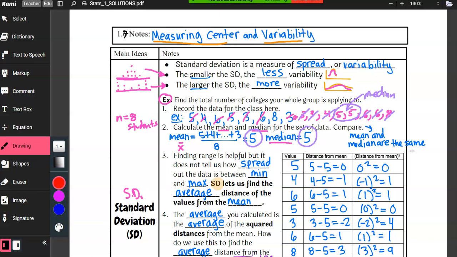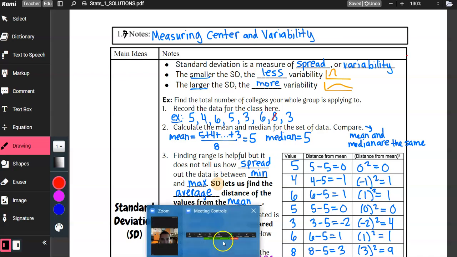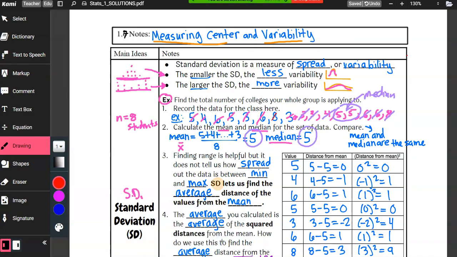And what we do in this table here, in each of the boxes, put each of the numbers that we collected. Okay, so put each of the numbers in here. And then the second column, it says distance from the mean.